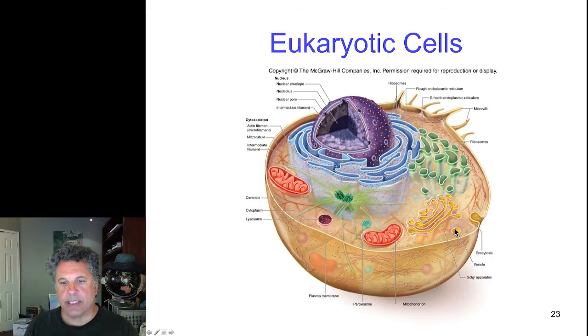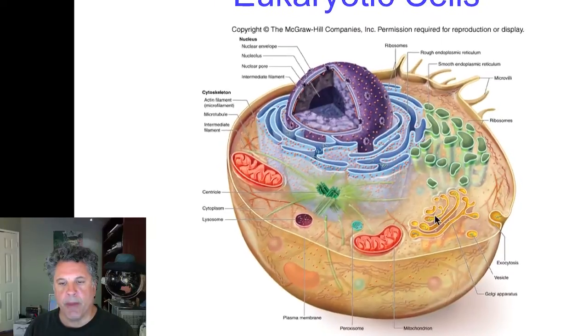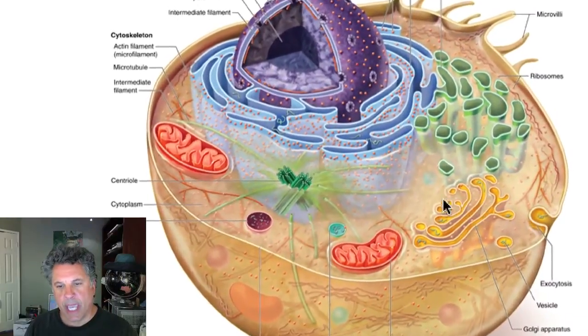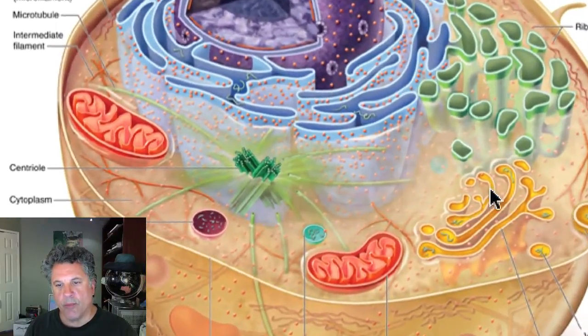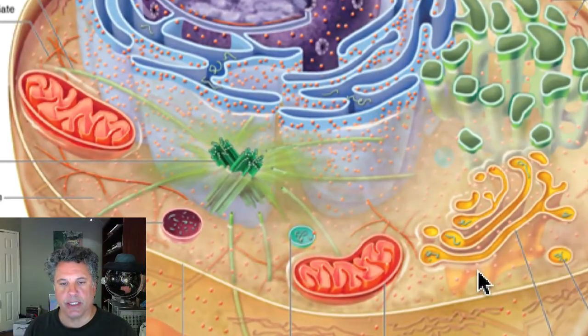There is an apparatus called the Golgi apparatus, also membrane-bound, that is the trafficking center of the cell in terms of membrane components and other components, and it serves as a way station for molecules that are going to be exported by the cell and sometimes brought into the cell as well.